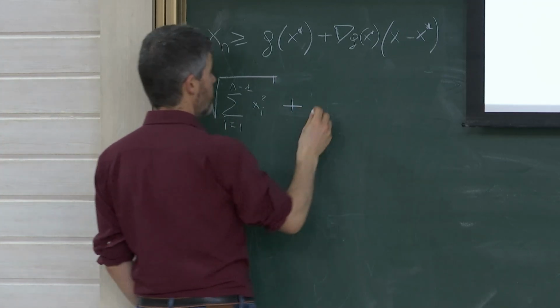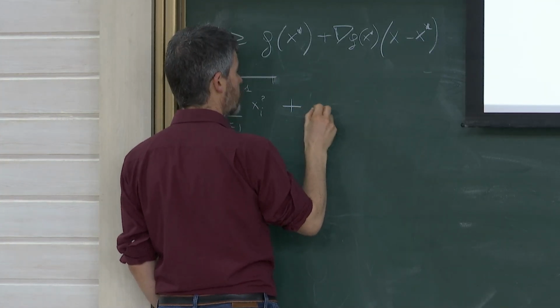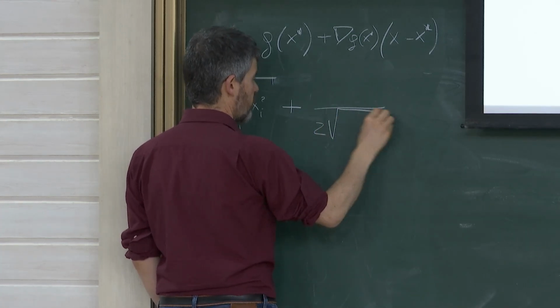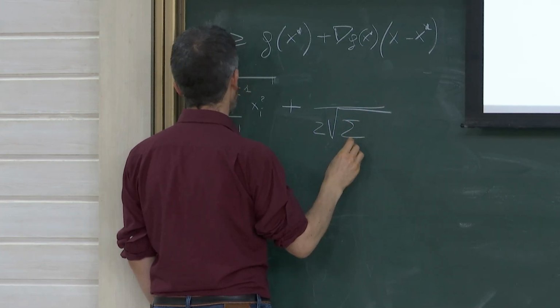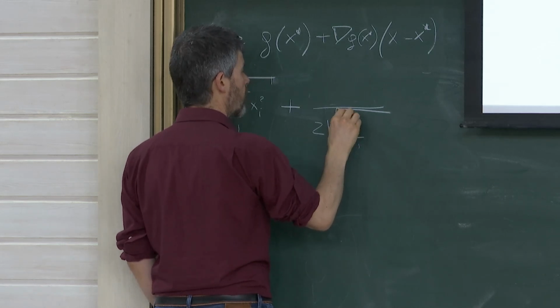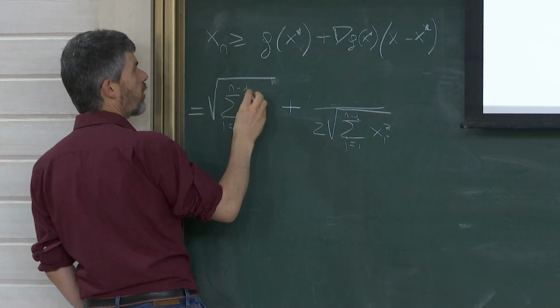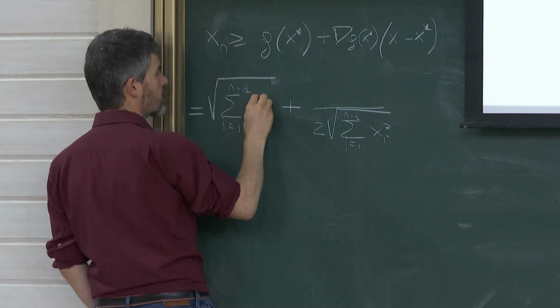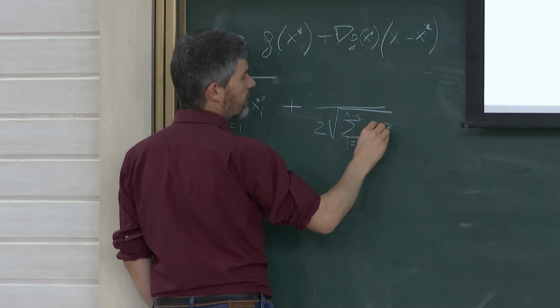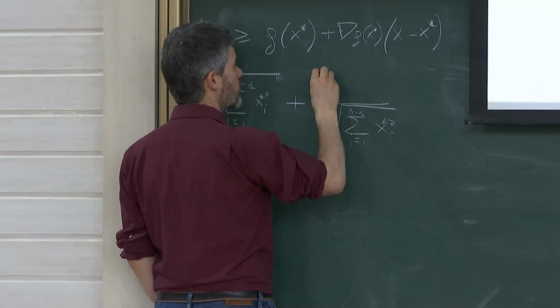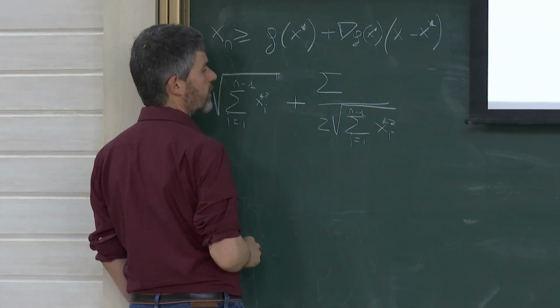plus the gradient is going to have a common term, which is dividing by twice the square root of the same thing. So the sum over i from 1 to n minus 1 of xi squared. And obviously, this is a star, and there's a star here as well. And then there's going to be a sum here because this is a gradient already.